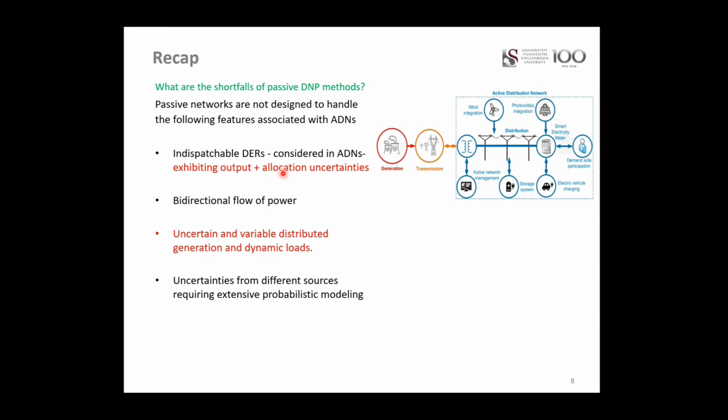Two, there is no consideration for bidirectional power flow. Then the introduction of uncertain and variable distributed generation and dynamic loads was not considered in passive networks. And all these uncertainties from different sources require extensive probabilistic modeling, which has not been seen elsewhere in either the literature or in the methods that have been applied before.